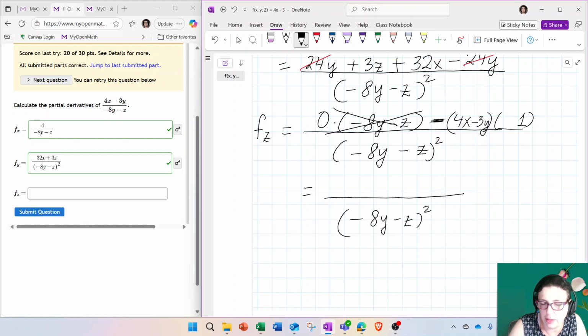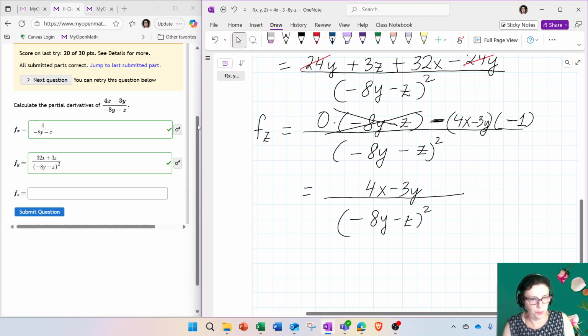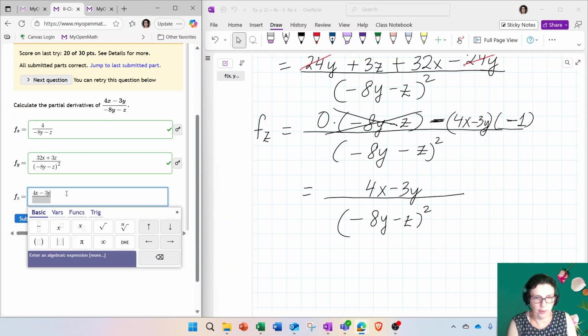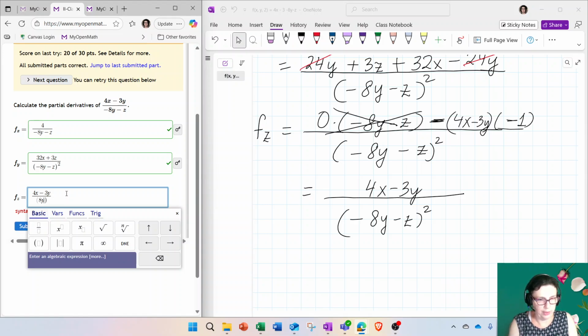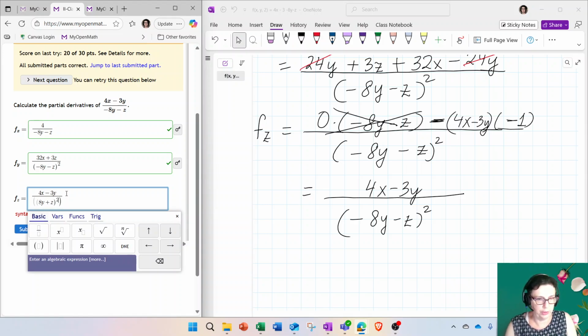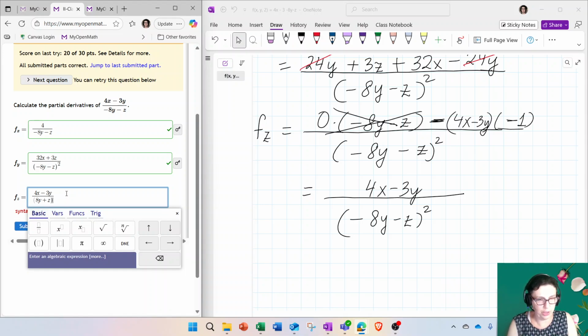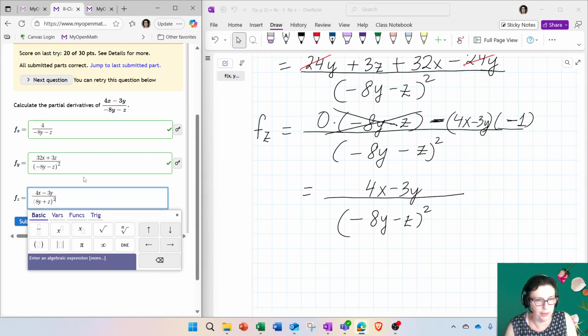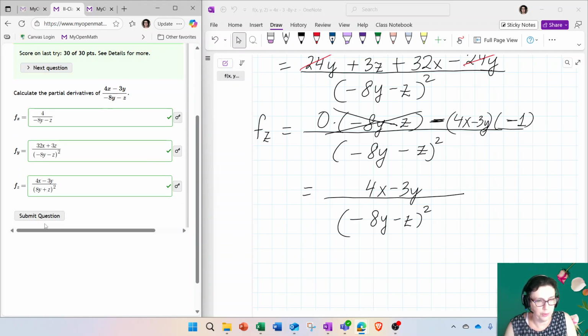Actually, this minus and this minus will just cancel out. So I'm going to wind up with 4x minus 3y on the top. So let's put that here. And on the bottom, we're just going to square it. Forgive me for not putting the negatives, because the math person in me can't do that. Just don't ask me to do that, because the minus squared will disappear.